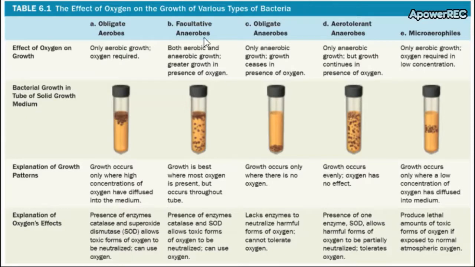Okay, so the next one are facultative anaerobes. So you'll find their growth both in aerobic and anaerobic environments, but remember I stated that oxygen metabolism is more efficient. So you see it's a little bit denser here at the top. You're going to find a little bit throughout the rest of the medium.